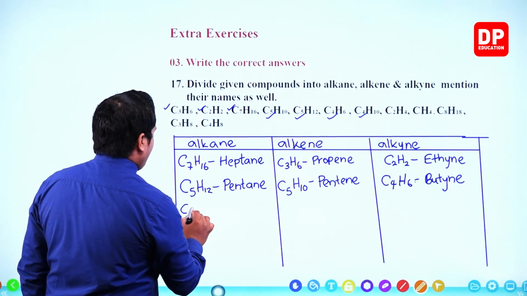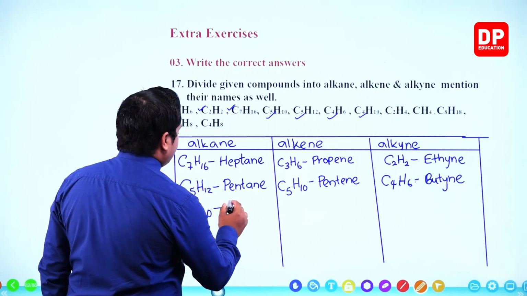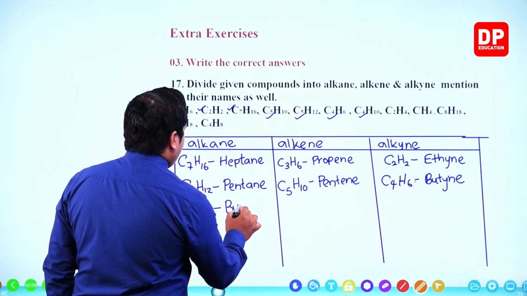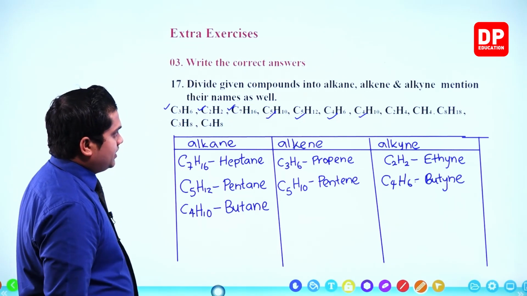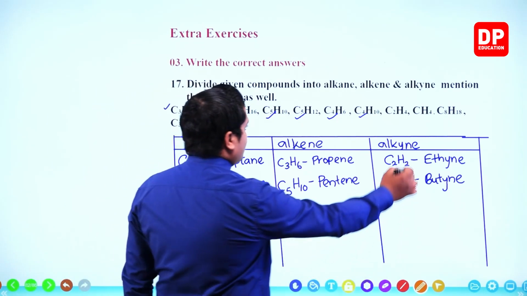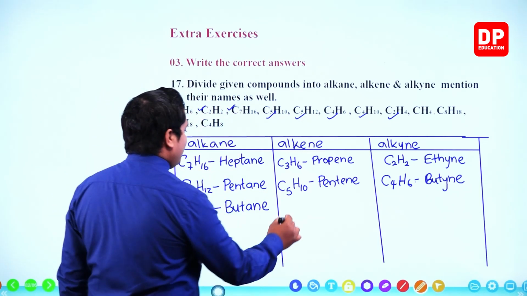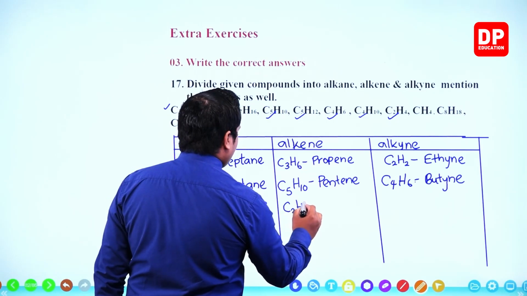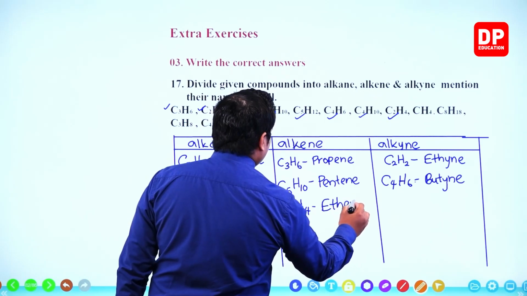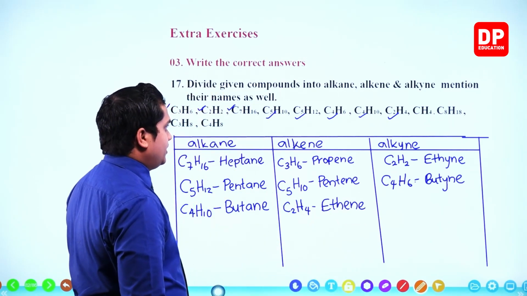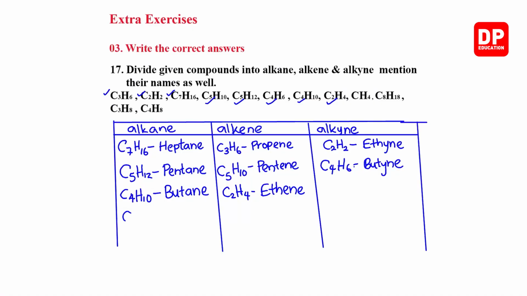So C4H10 is butane. Next one, C2H4. This is very simple, my dear children. This is ethene. C2H4, ethene. Next one, CH4, very simple, methane.